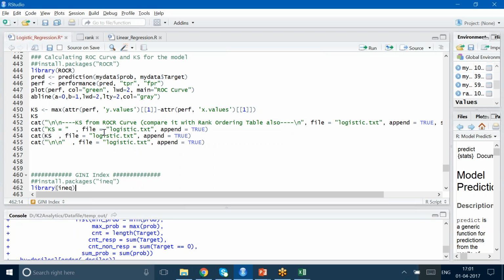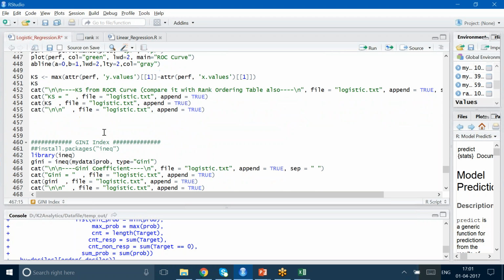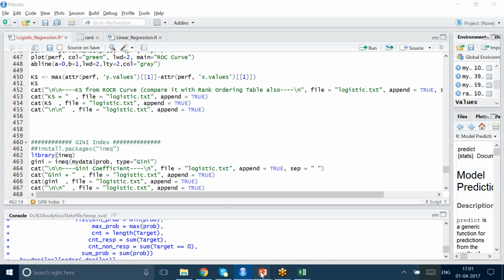Now the third statistic that we have understood is basically goodness of fit. It is called HL test. HL test makes use of the chi-square. These are the three things that you have understood. Now let us understand another test which is called Gini Index. These are all various ways to evaluate the model performance. Okay. So now let us see what is Gini Index.